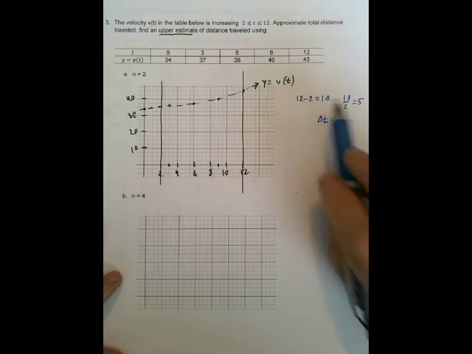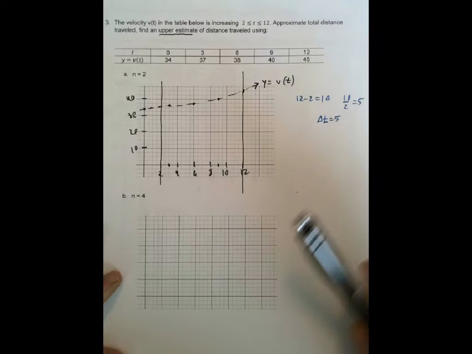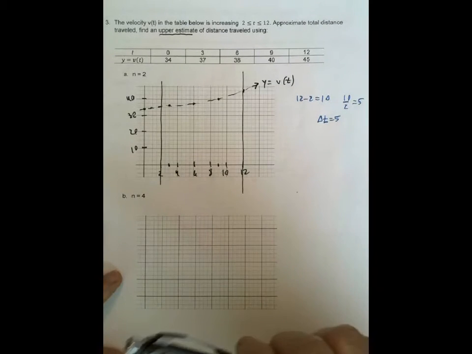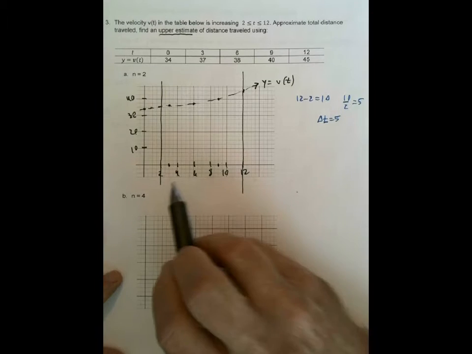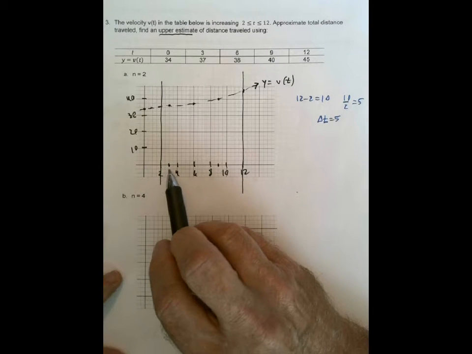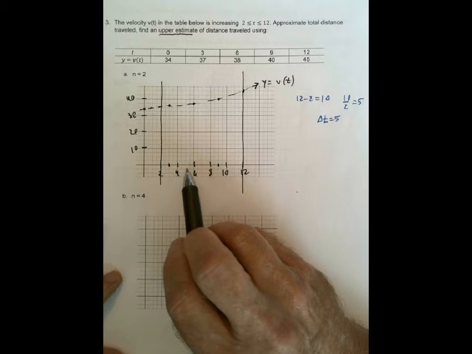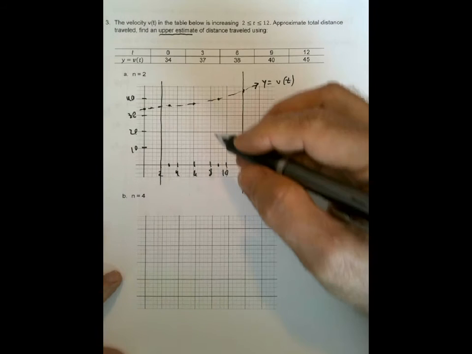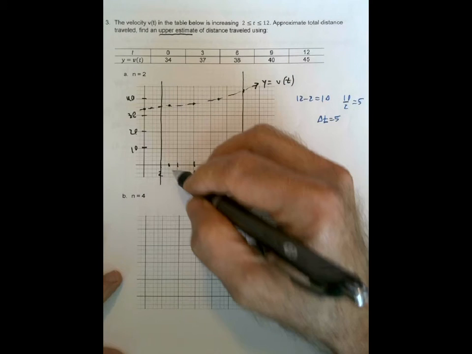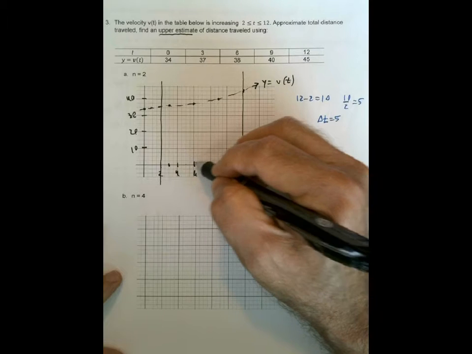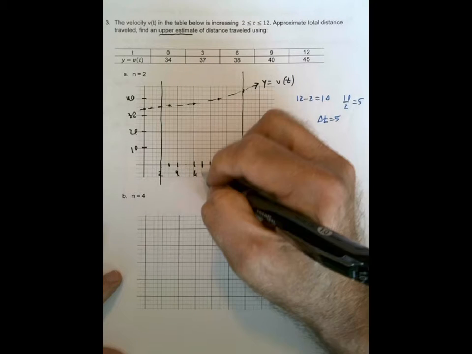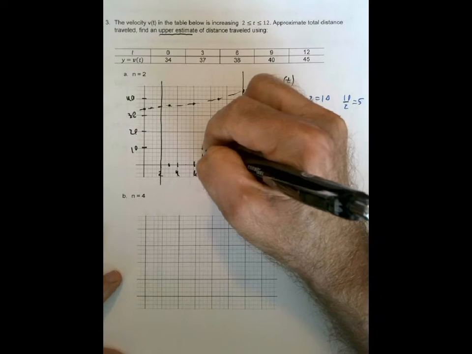So that just means that the first interval is going to be from 2 and then 5 more units up from 2. So that's 3, 4, 5, 6, 1, 2, 3, 4, 5 units. That's going to take us up to 7, you understand.